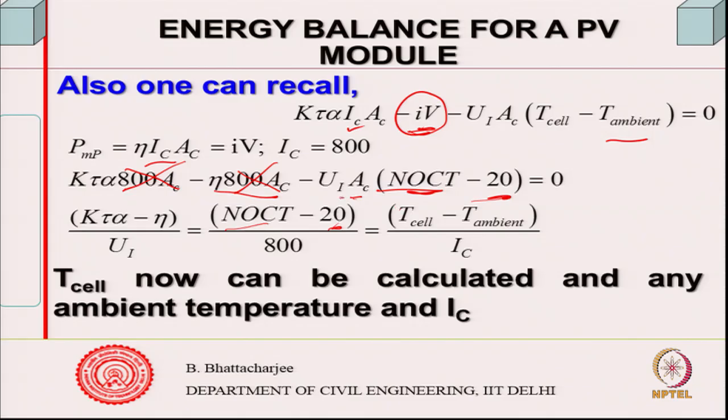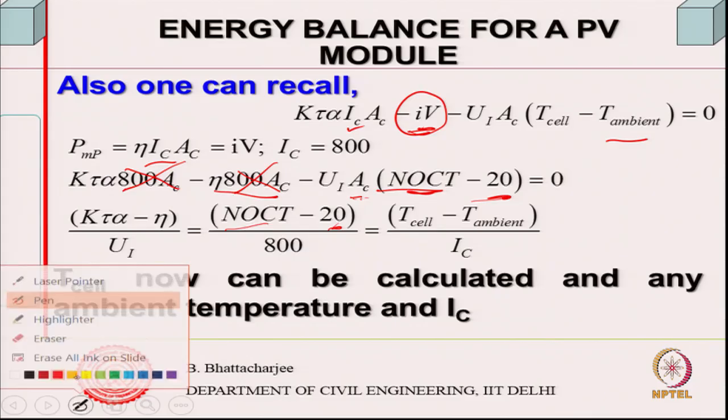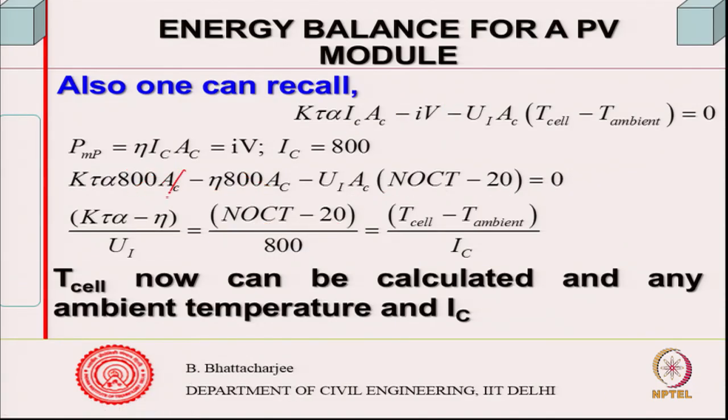A_C will cancel out from all of them. So, let me just redo it again. If I take out U on this, I take 800 eta common from this.